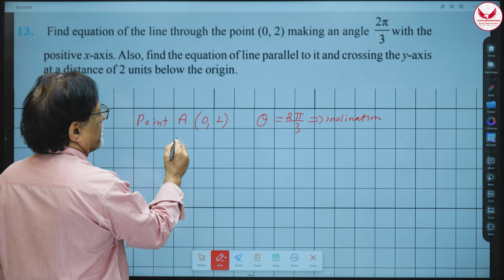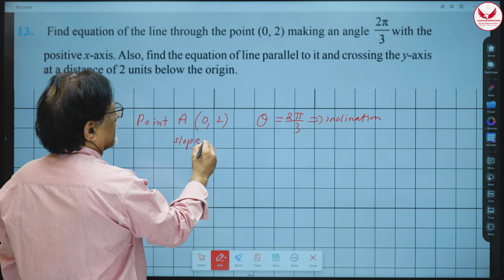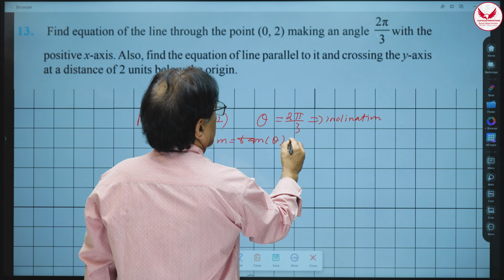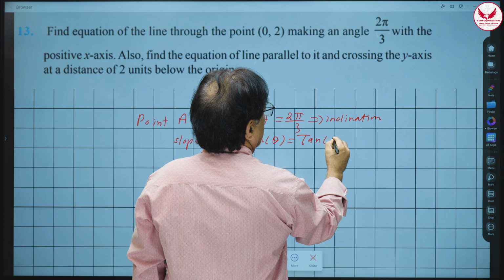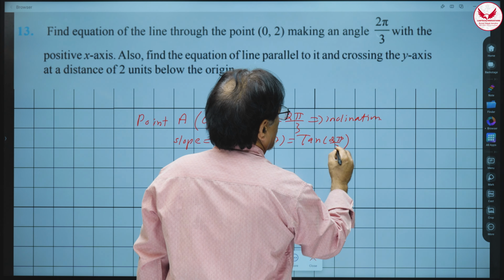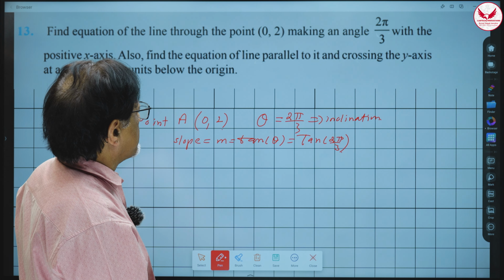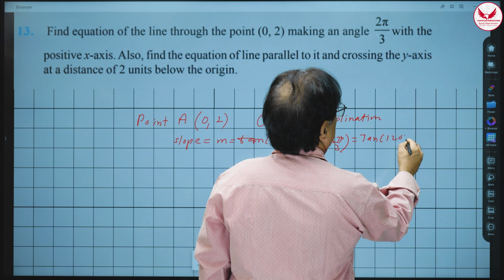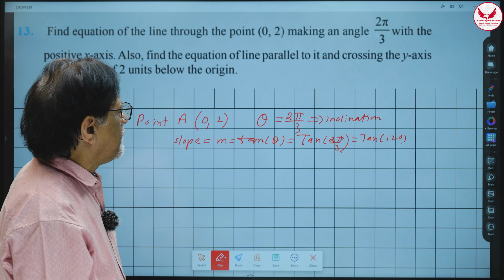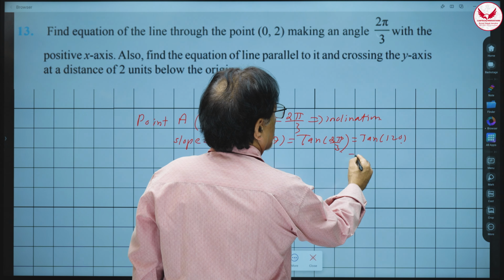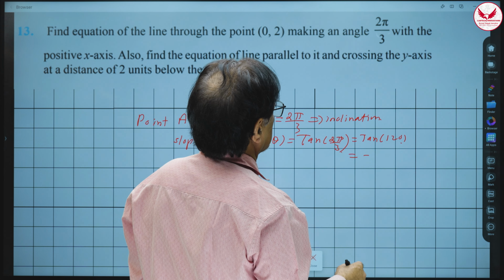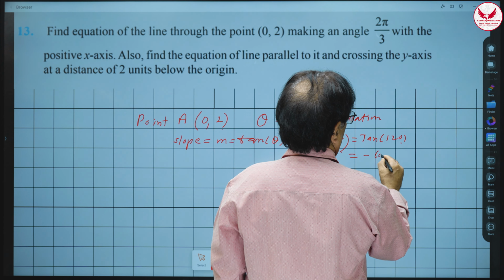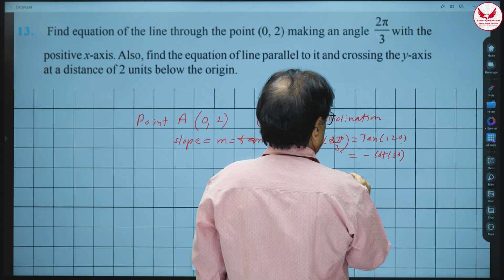The slope, generally we write m, is given by tan of inclination, which is tan of 2 pi by 3. Now 2 pi by 3 is 120 degrees, since 2 pi is 360. So it is tan of 120 degrees. In the second quadrant, tan theta is negative. So therefore this is equal to minus tan 60, actually minus cot 30.